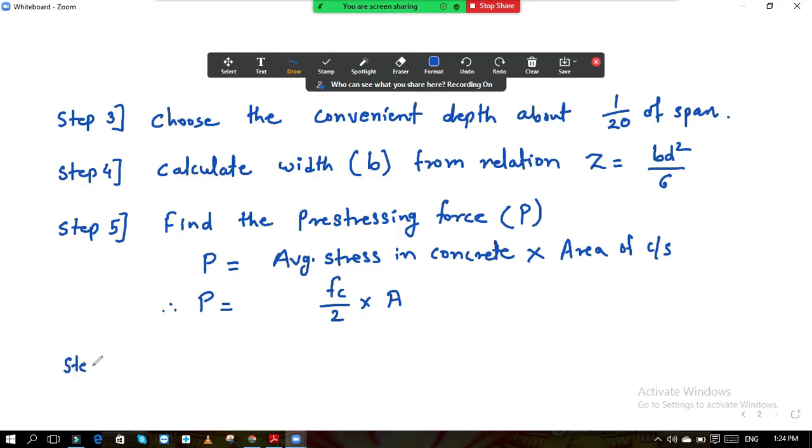After this, your step number 6, and it is calculate area of steel. Calculate area of steel. So how do we calculate the area of steel?